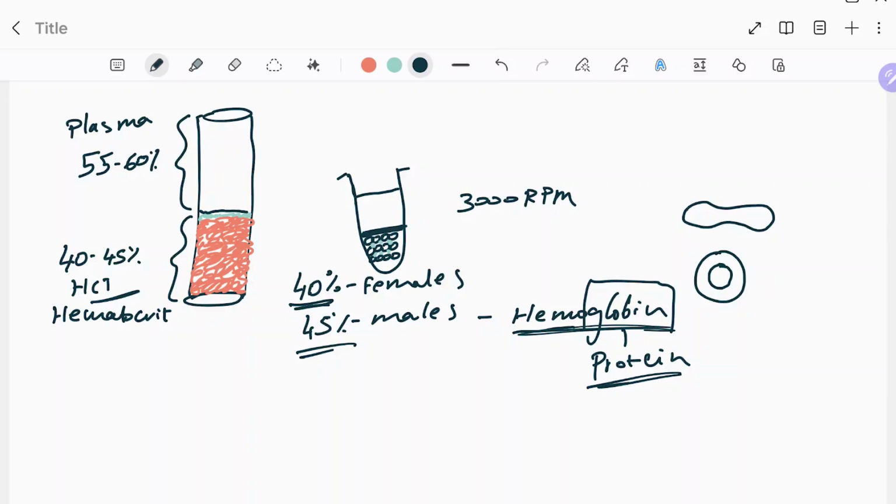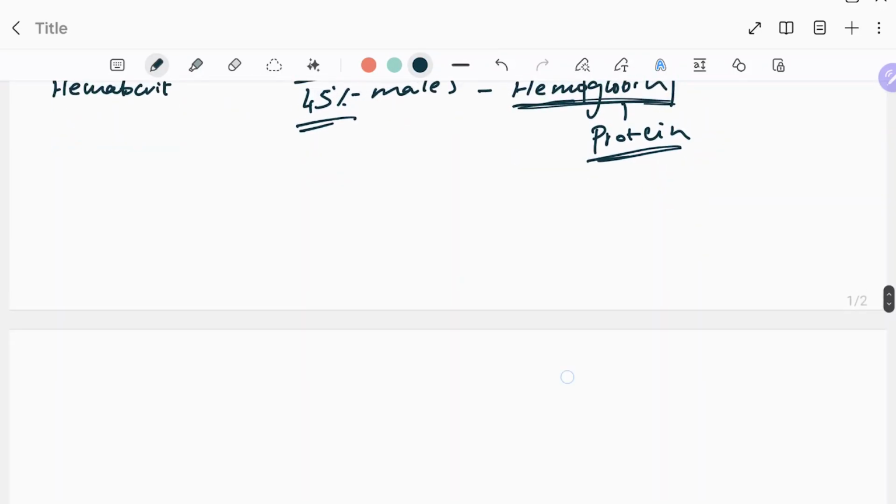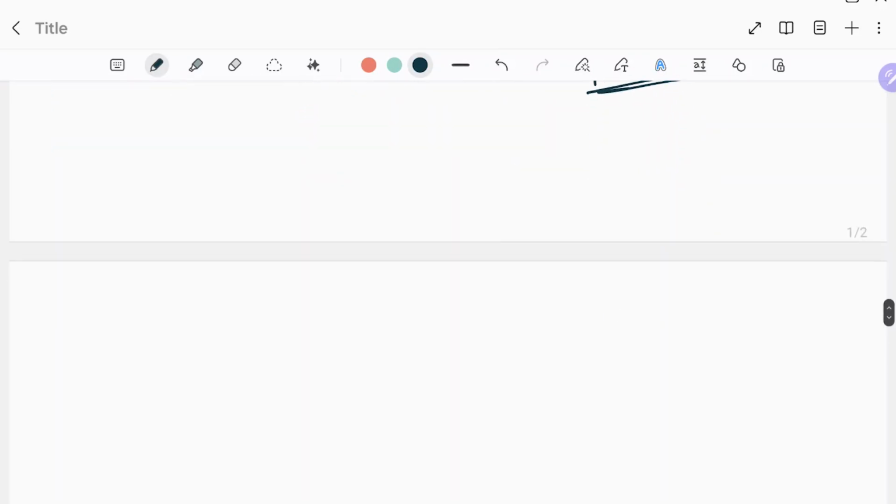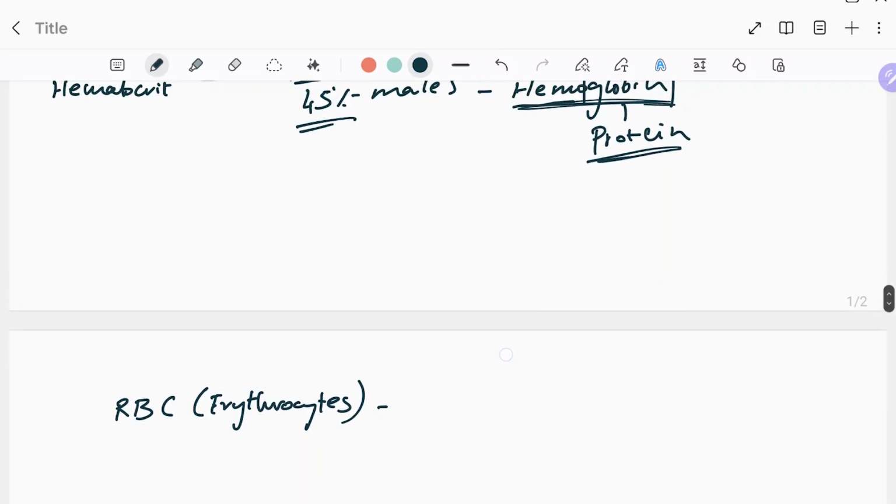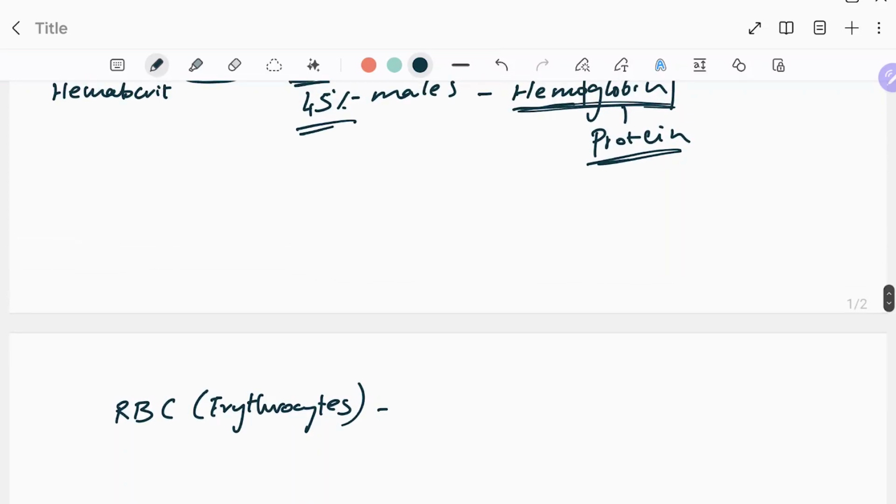So now let's continue. If we look at the composition of blood, there are some numbers you are supposed to be aware of. You have to know the count of the different cells. You have red blood cells, or erythrocytes. Various books give different numbers, and females and males differ, like I said.